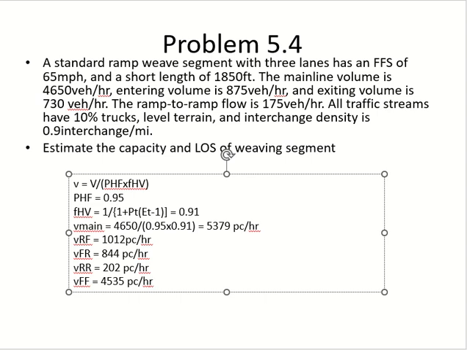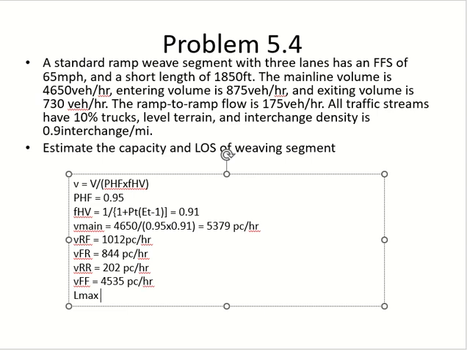First thing we need to check is, is it a weaving segment or not? So we will calculate L max. For L max, I need the VR ratio, the volume ratio. Volume ratio was weaving upon total.